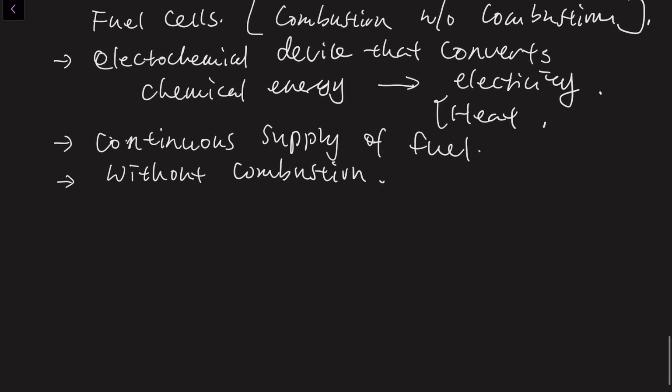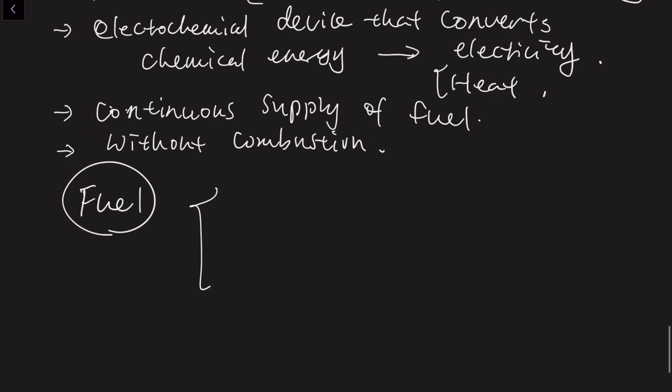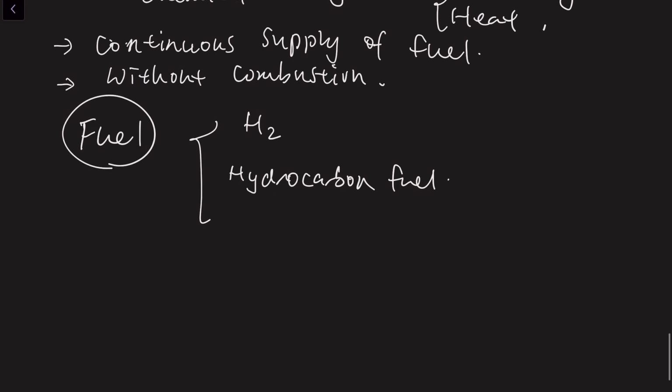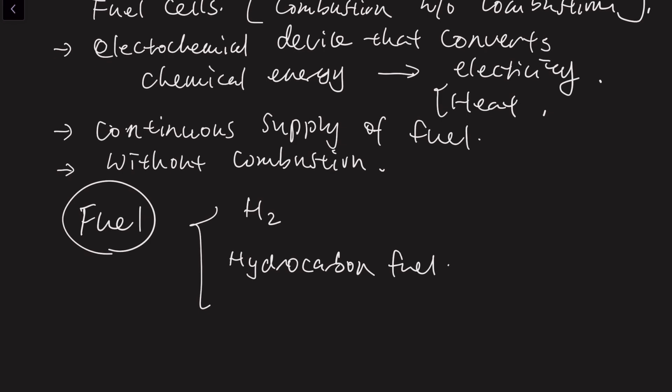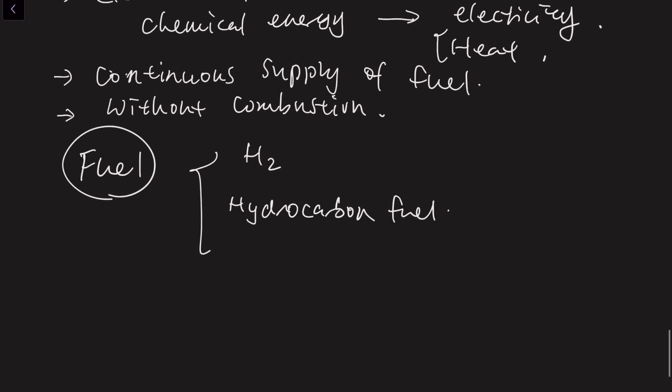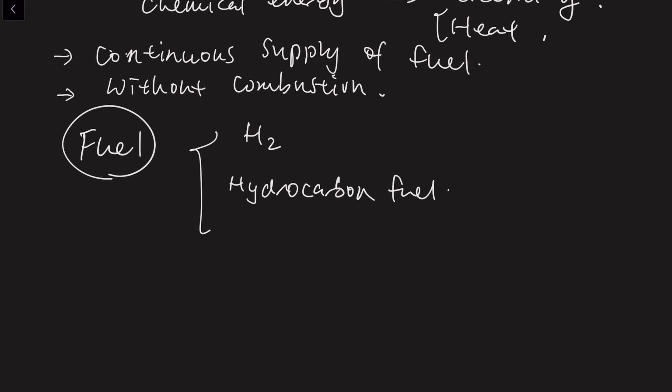So the fuel used in fuel cell are commonly hydrogen gas or hydrocarbon fuels. And the so-called combustion, or the conversion from chemical energy to electrical energy of fuel cell, ultimately has the same underlying chemical principle as burning of fuel.